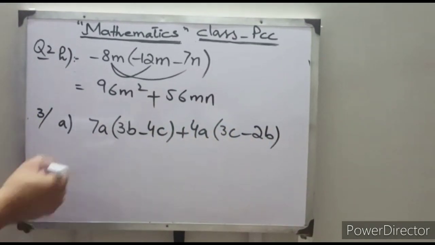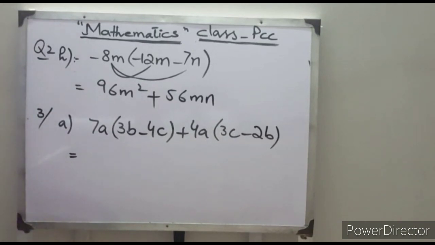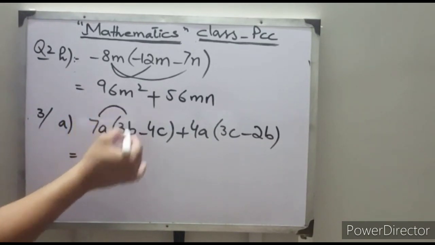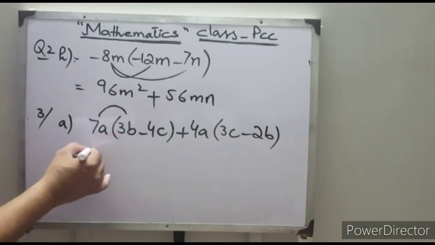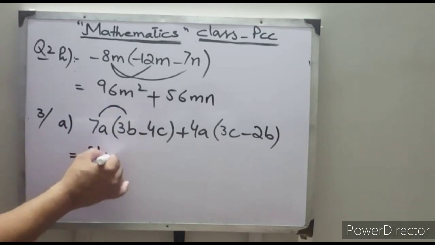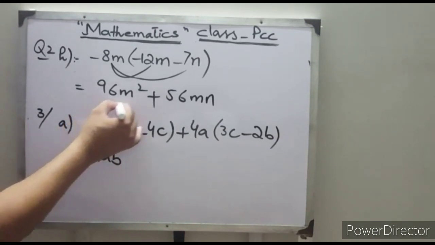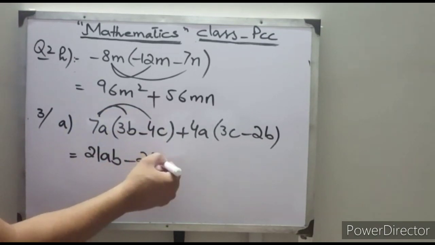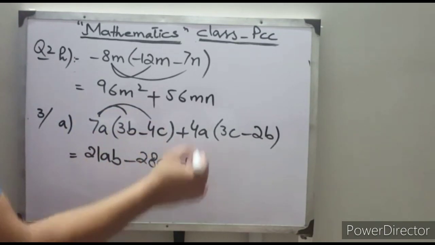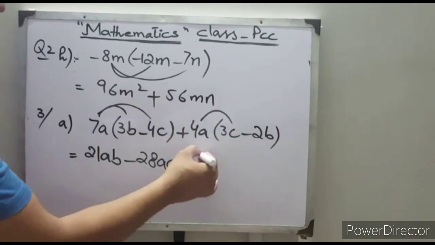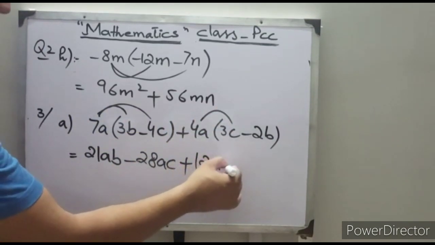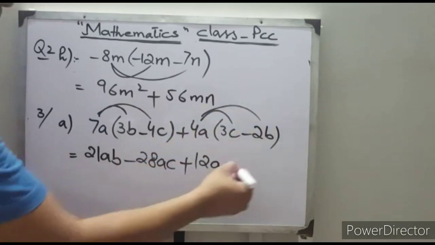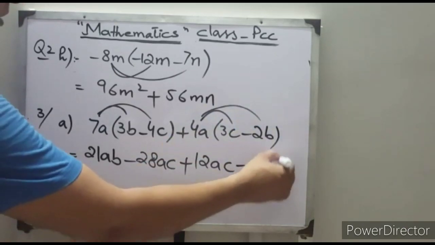Students, first of all, we expand the brackets. 7a multiplied by 3b will make 21ab. 7a by minus 4c, minus 28ac. 4a by 3c, 12ac. 4a by minus 2b, minus 8ab.